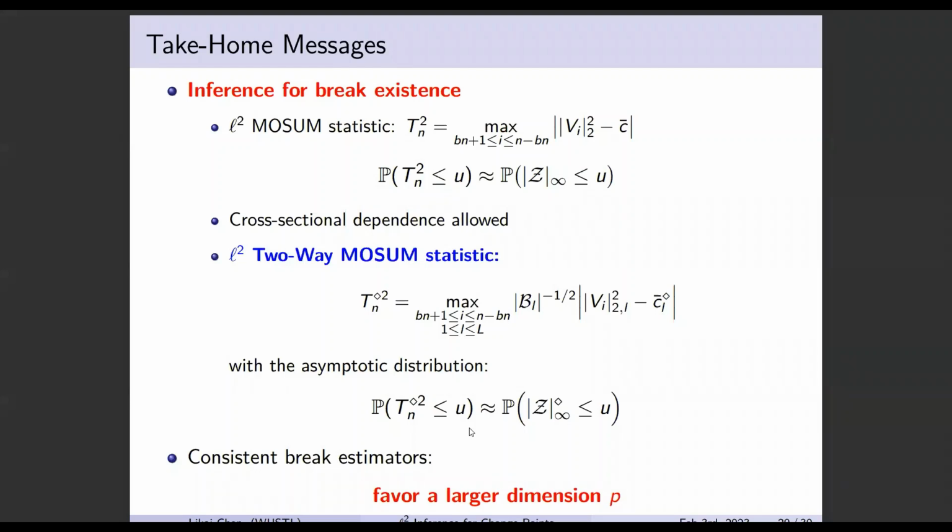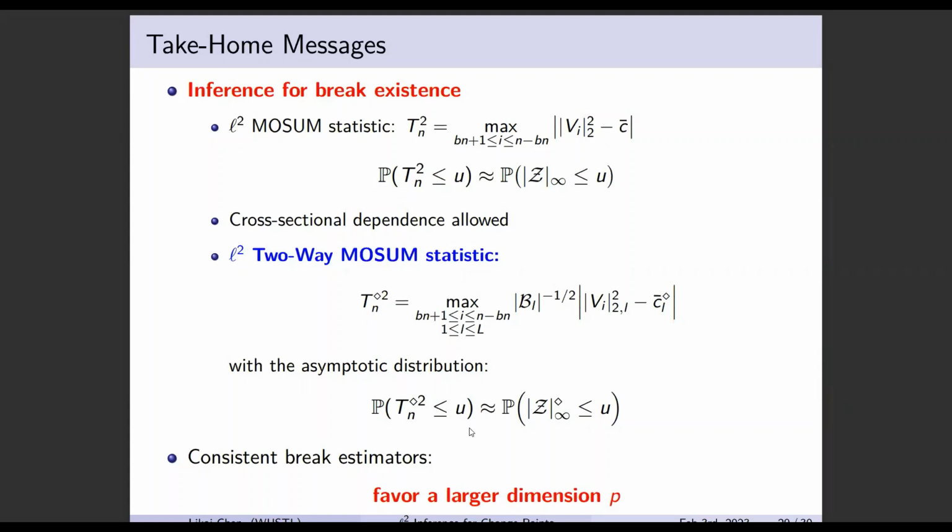We are able to incorporate cross-sectional dependence. When cross-sectional dependence is involved, a similar Gaussian approximation result still holds. The cross-sectional dependence that we need to impose is that if locations are far away, then the dependence should decay.